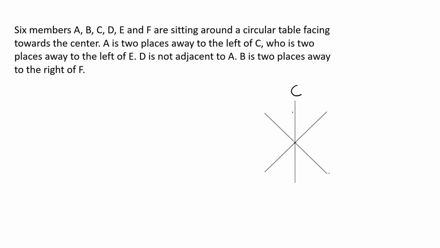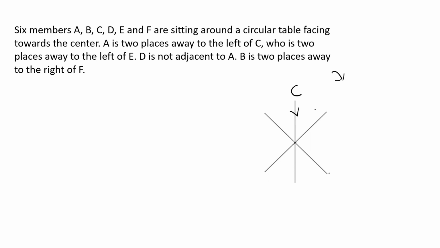Now you have to assume yourselves sitting at this position, in the position of C, facing towards the center of the table. Then what will be your left now? This is your left. Now, how many persons should sit between A and C?